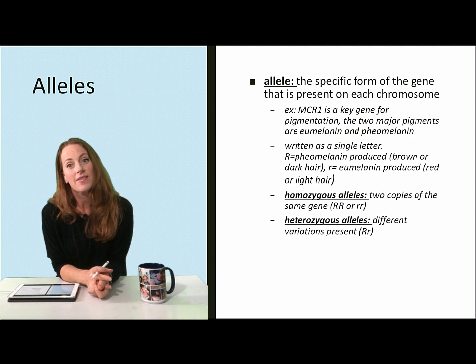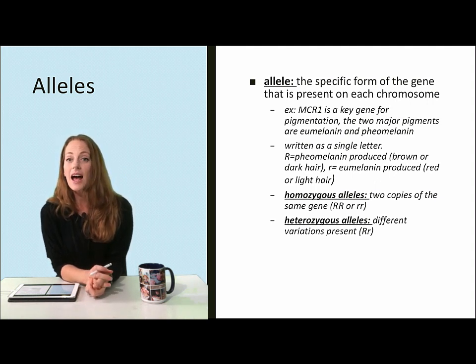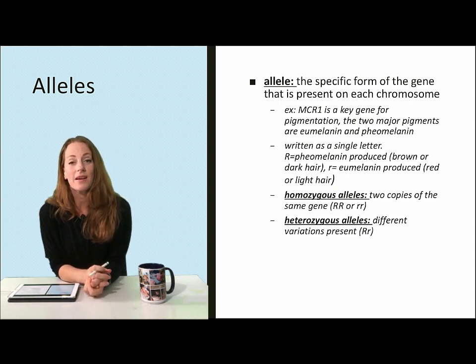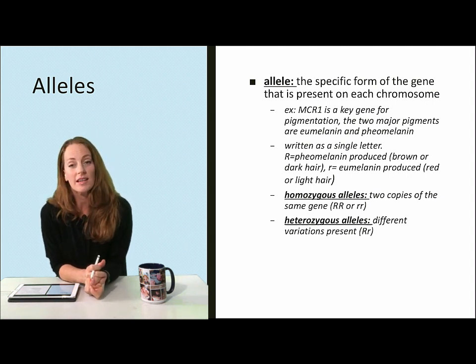Then we get specific as to which exact type of gene is carried on that chromosome. So red hair is an easy example. There's many different types of hair color. So the allele is the specific form of the gene that is present on each chromosome.